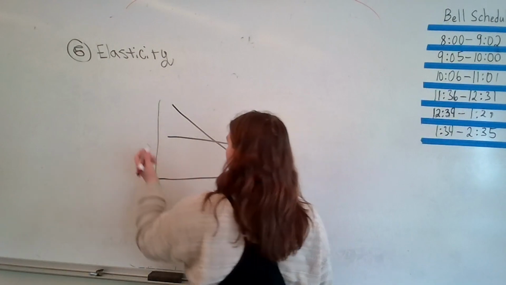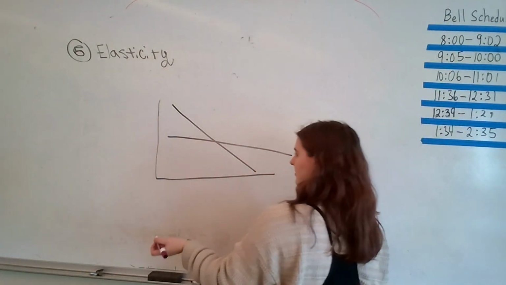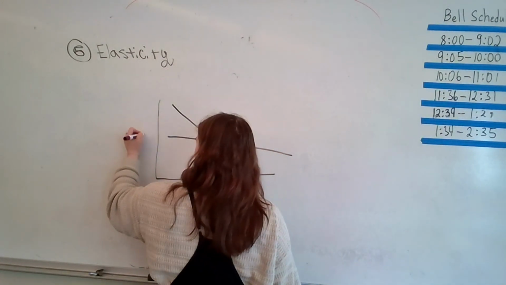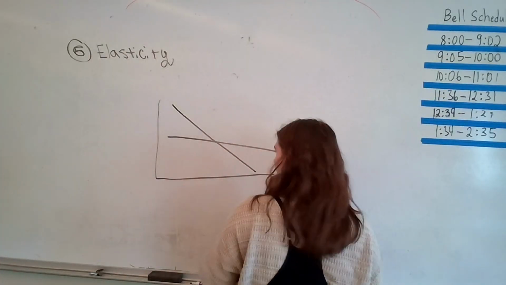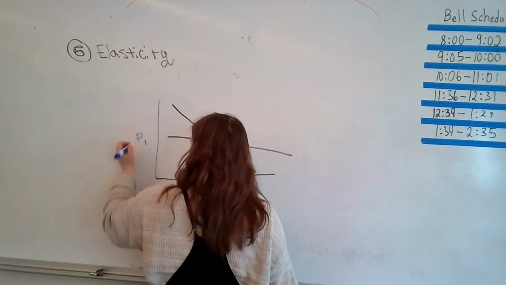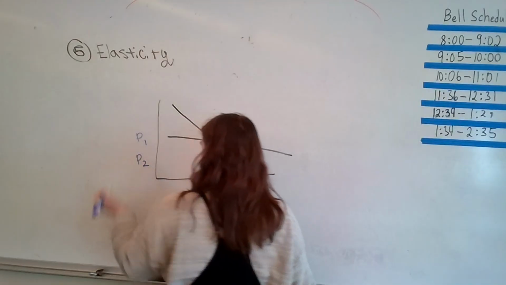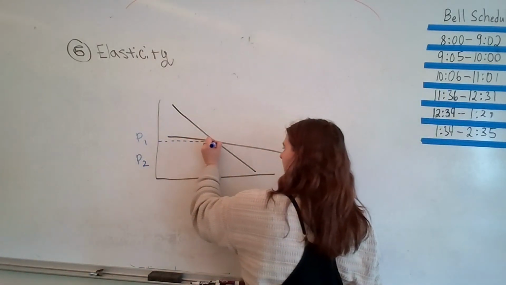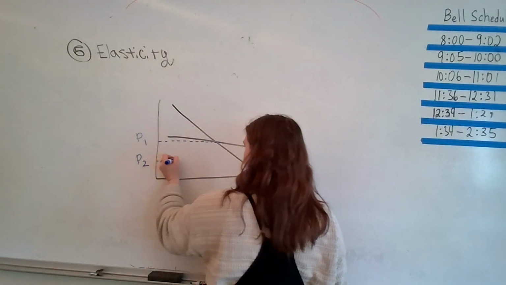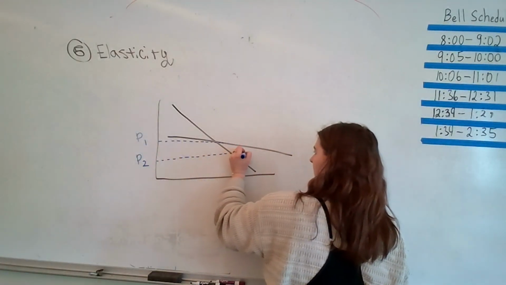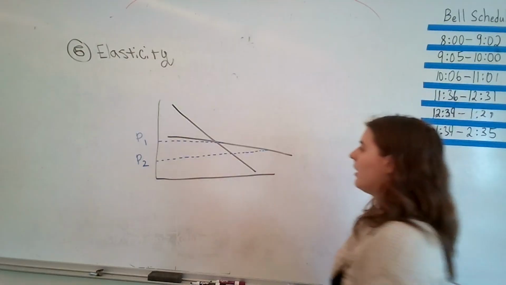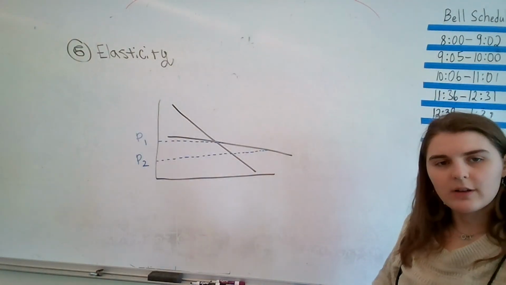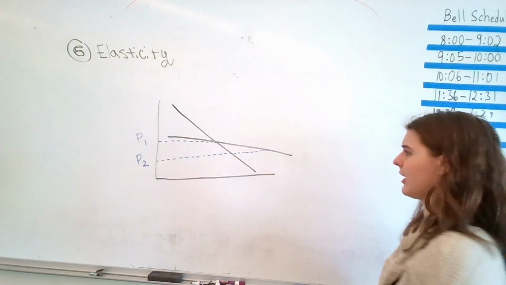So if I have two prices, a price of P1 and a price of P2, at P1 and at P2, we have different kinds of situations that occur.